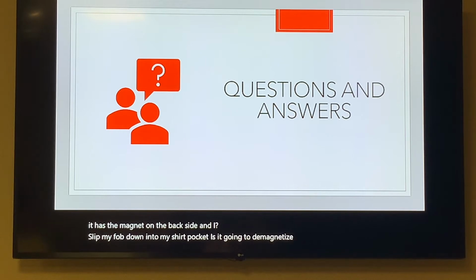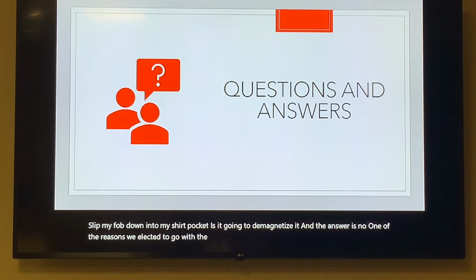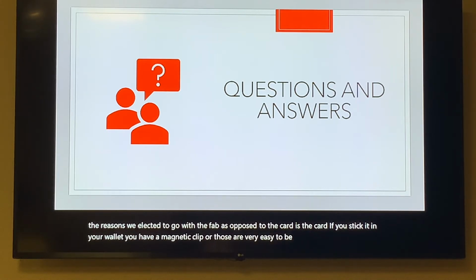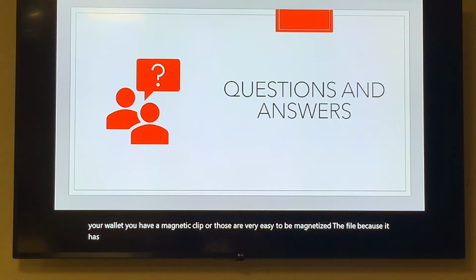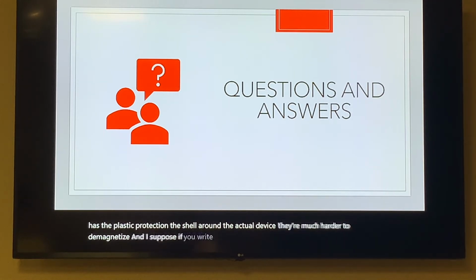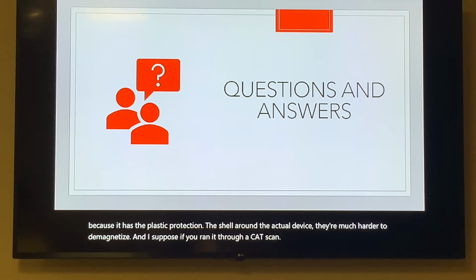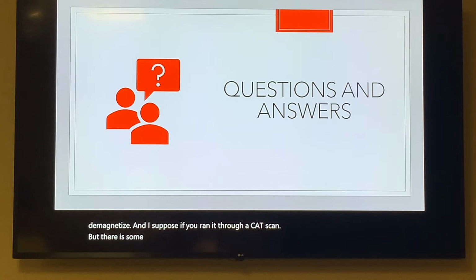And the answer is no. One of the reasons we elected to go with the fob as opposed to the card is that a card in your wallet with a magnetic clip is very easy to demagnetize. The fob, because it has the plastic shell around the actual device, is much harder to demagnetize. Now, I suppose if you ran it through a CAT scan, you probably would demagnetize it. But there is some protection in the actual plastic fob coating. Thank you.